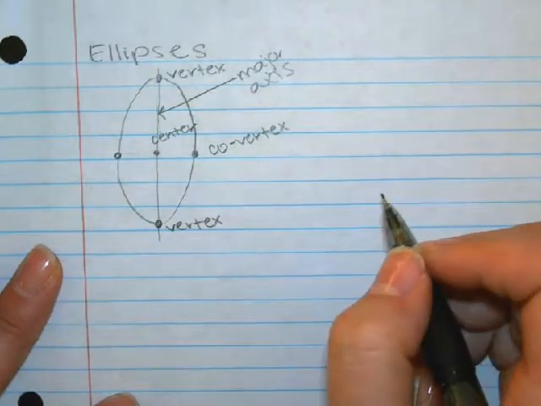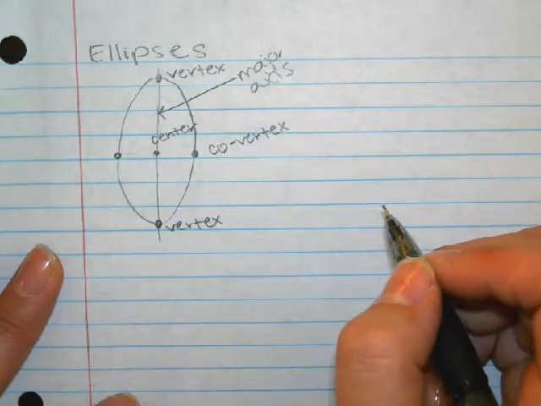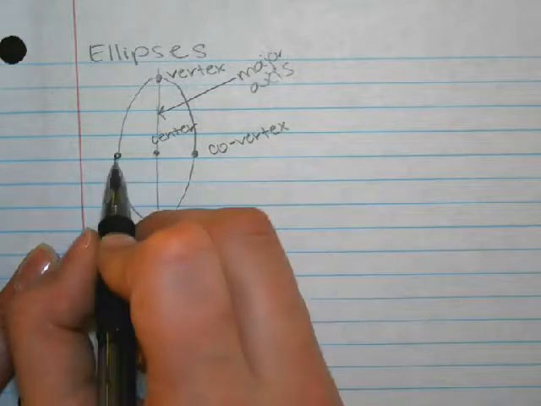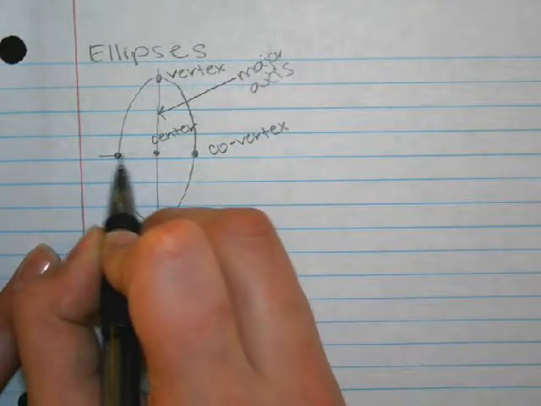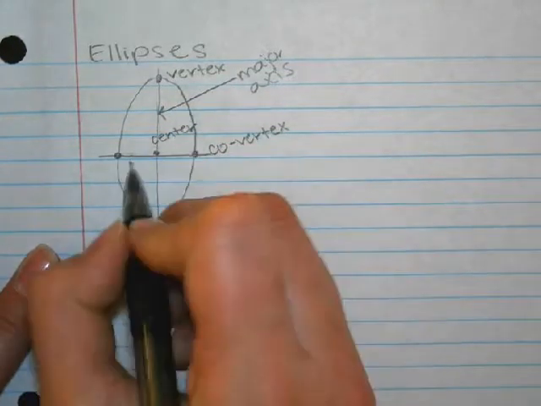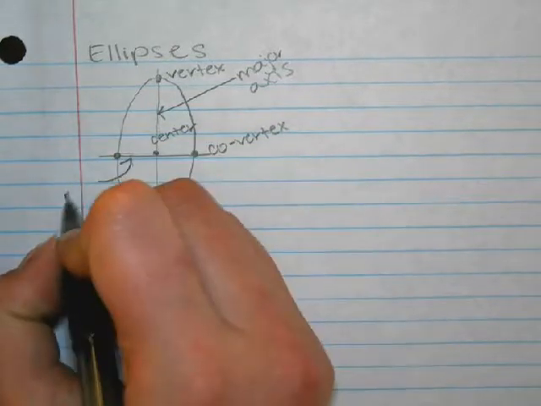So axis, like an axis of symmetry, or the line that cuts it in half. The line that connects the two co-vertices together is the minor axis.